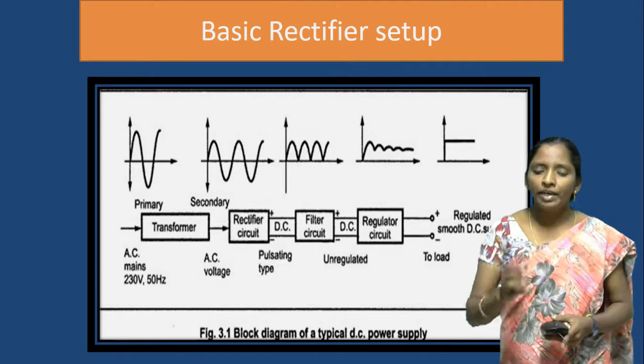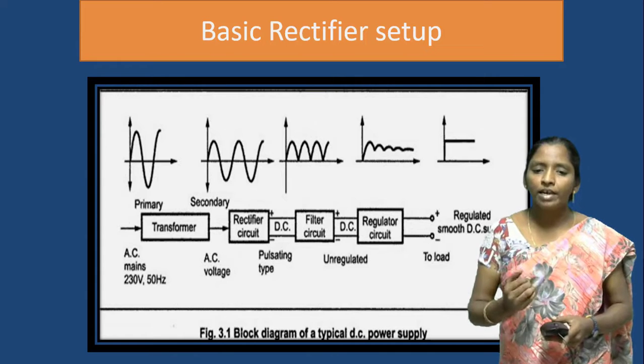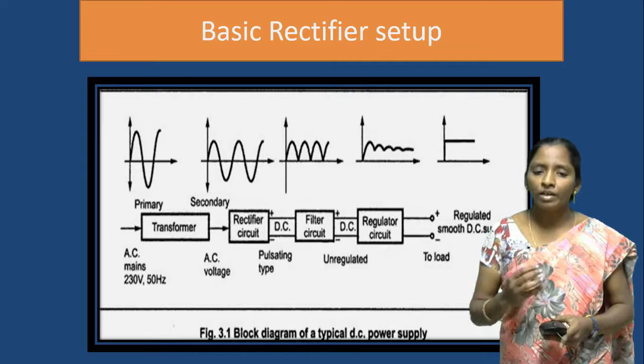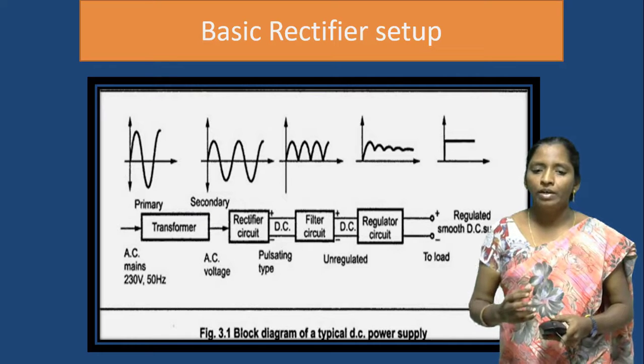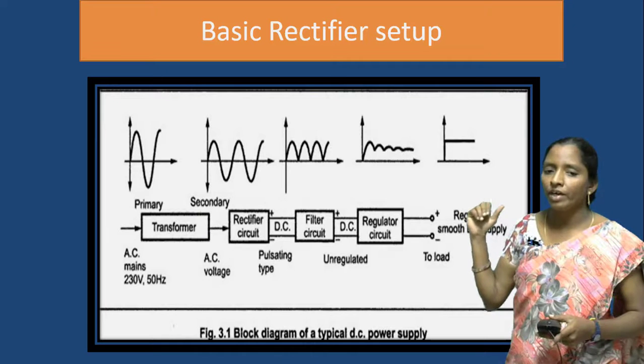The function of the rectifier is that it takes the input from the transformer as AC, and that AC is converted into pulsating DC or unidirectional DC. In the rectifier circuit we are using a diode as the component. So this is the output.